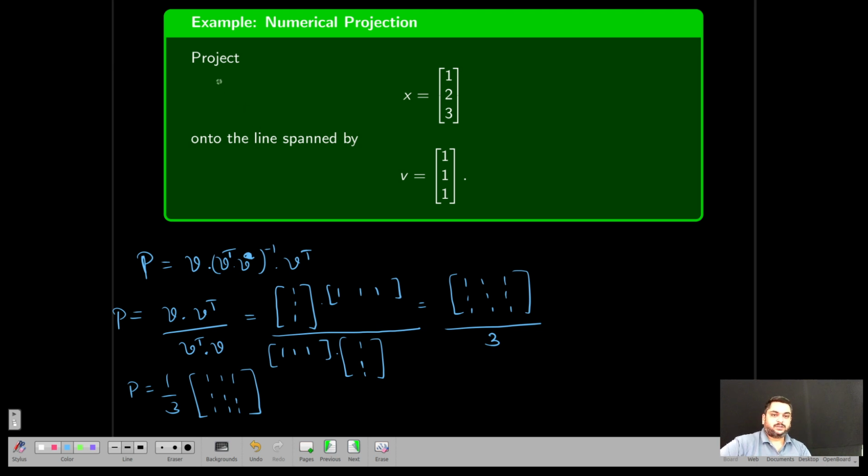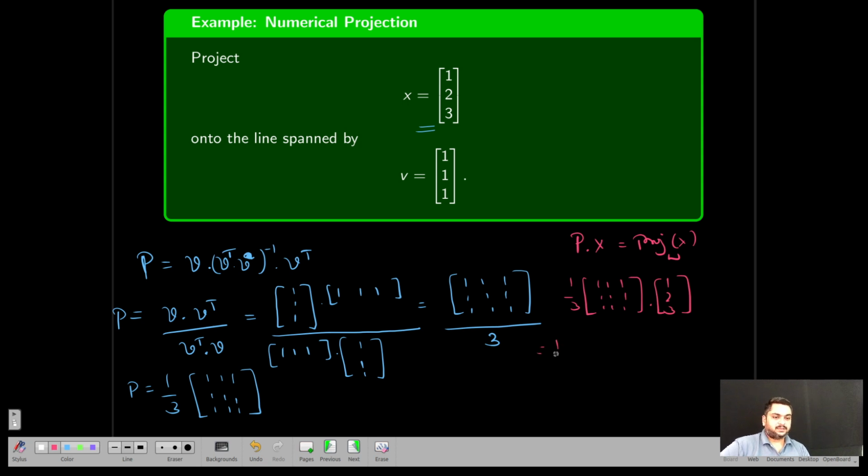I want to find the projection of this vector x using this projection matrix. How will I find the projection? I can write it as P into x, right? Applying the projection matrix over this x will give me the projection of x over my W. So 1 by 3, the all-ones matrix, into x, what is x? 1, 2, 3.